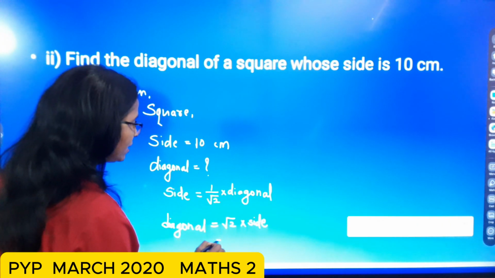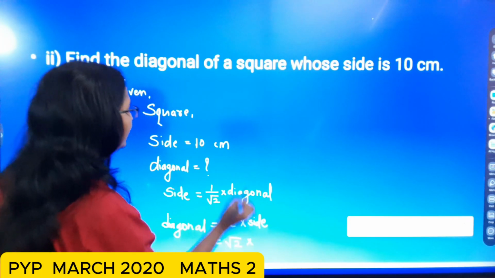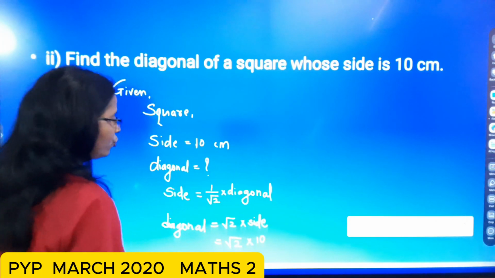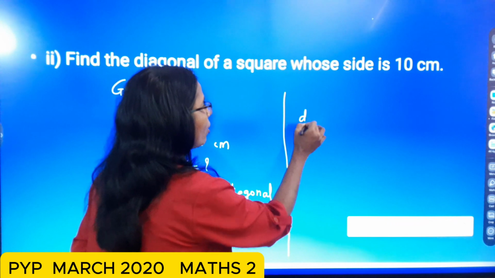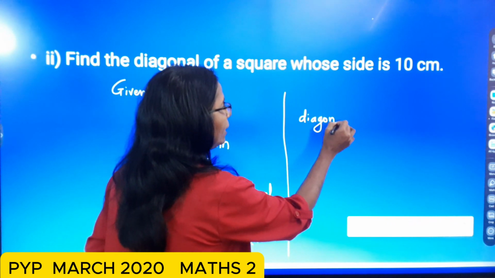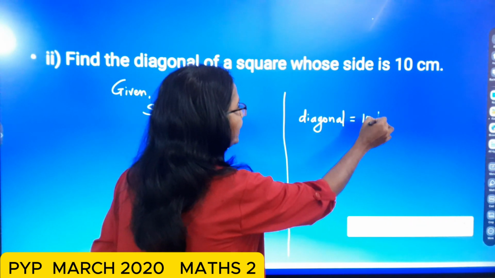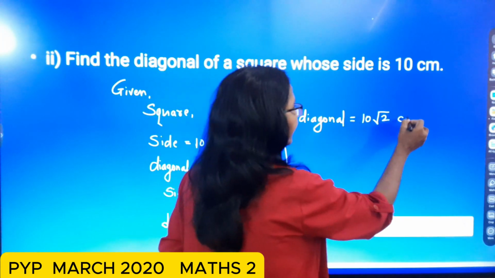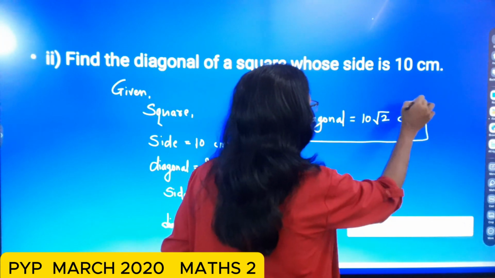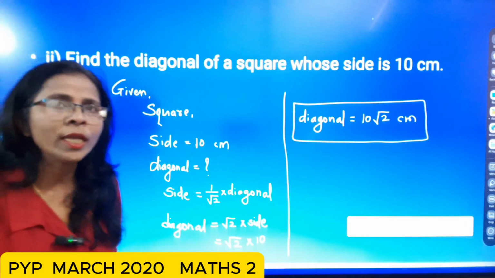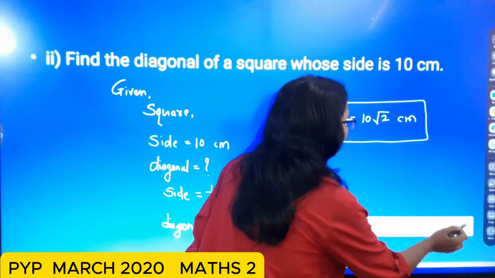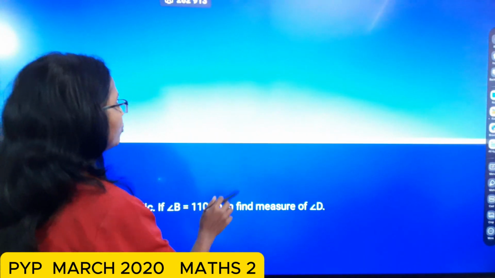So root 2 multiply side, that is the 10. So here students, diagonal is equal to 10 root 2 centimeter. Okay students, very easy questions. Then next one students.